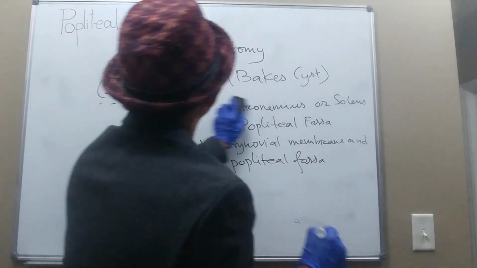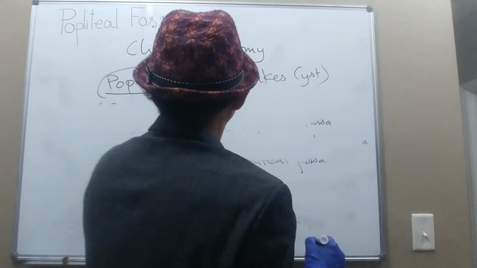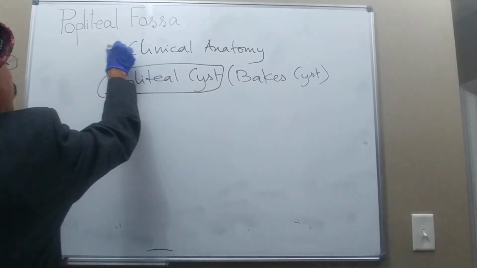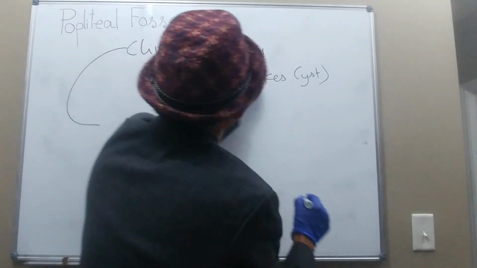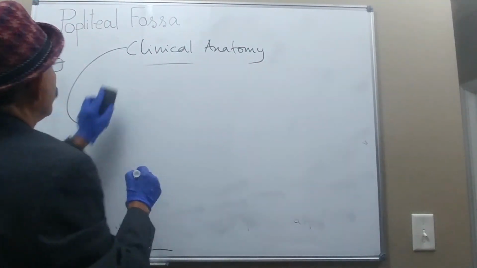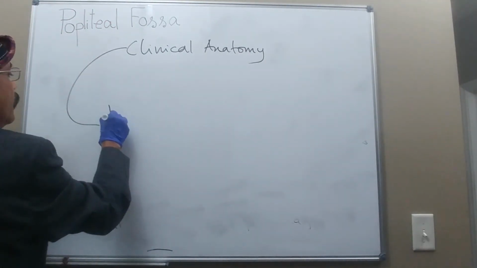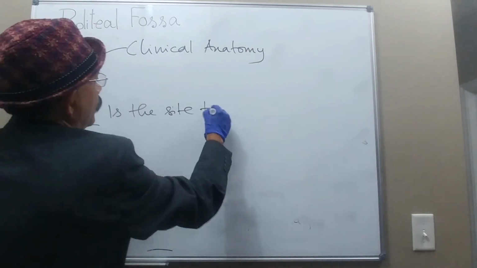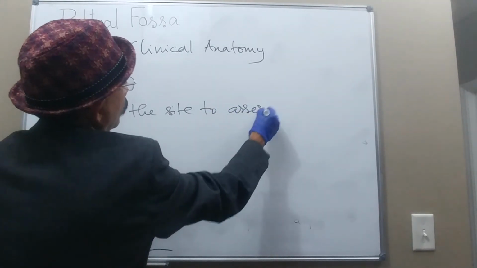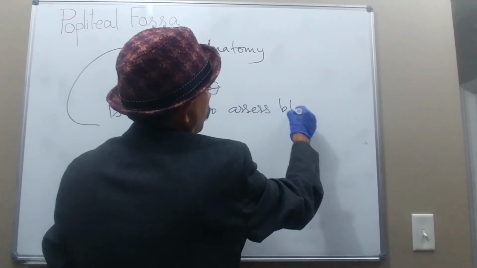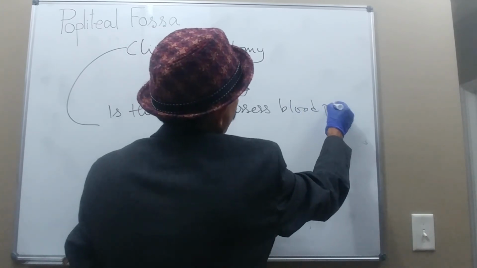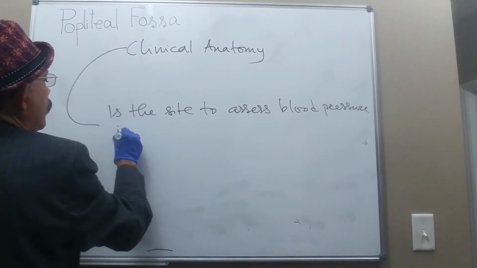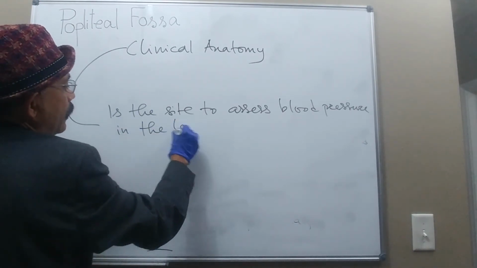We have one more clinical anatomy. The popliteal fossa is the site to assess blood pressure in the leg.